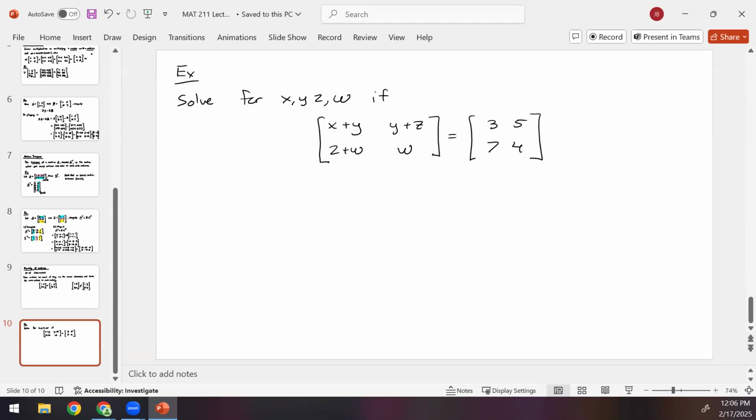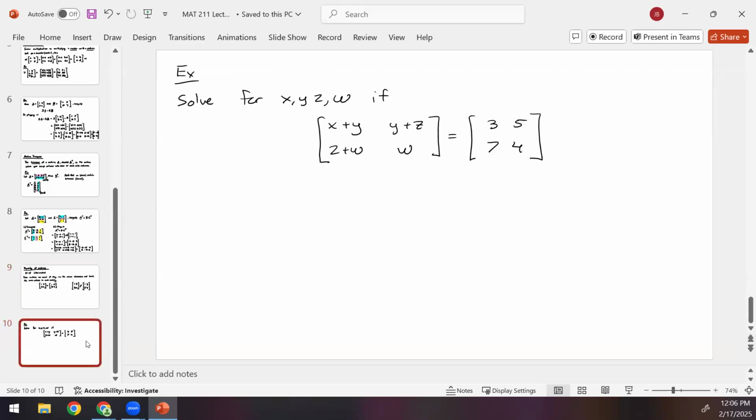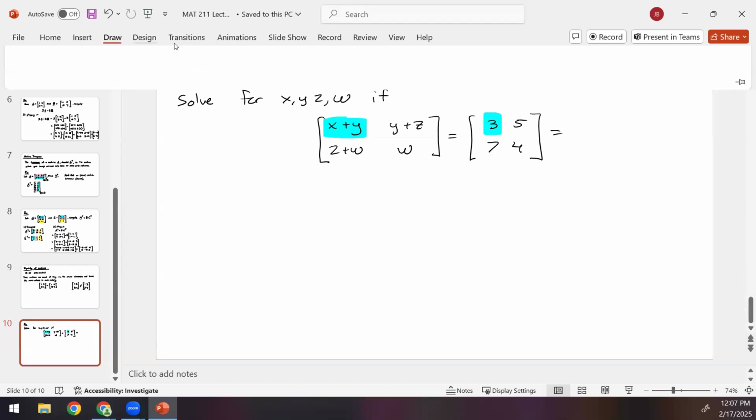And so I want you to think about this. Well, you just said right now that two matrices are equal to each other if they look exactly the same. So what matrix is equal to 3, 5, 7, 4? Well, it's the matrix 3, 5, 7, 4. That's the only matrix that's equal to it, which means what number has to be equal to what? Well, the top left corner has to be equal to the top left number.